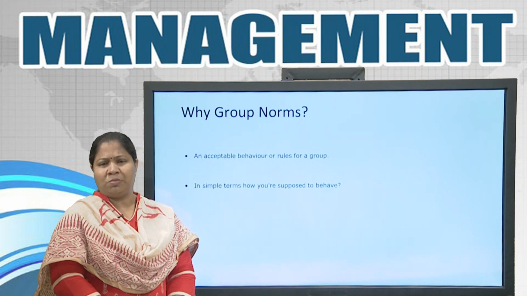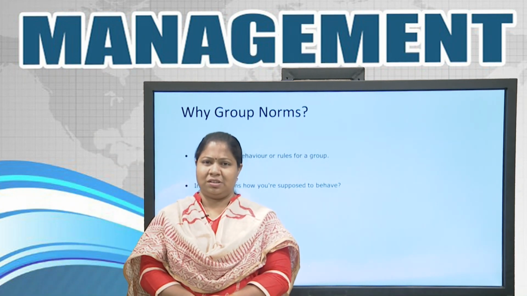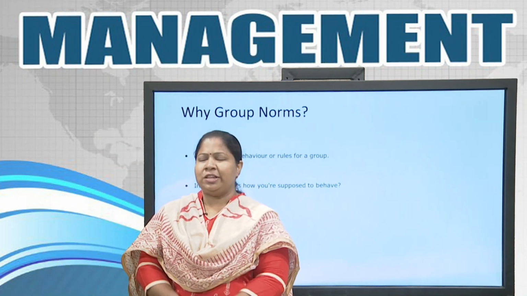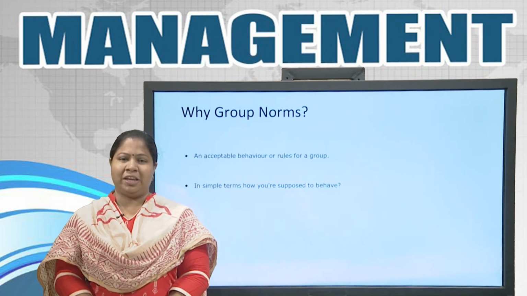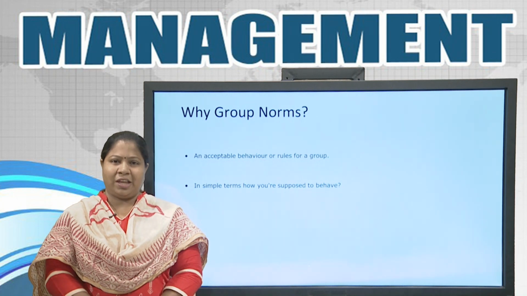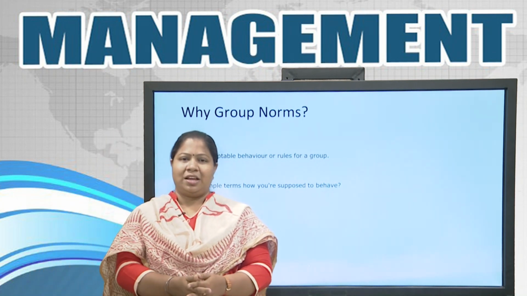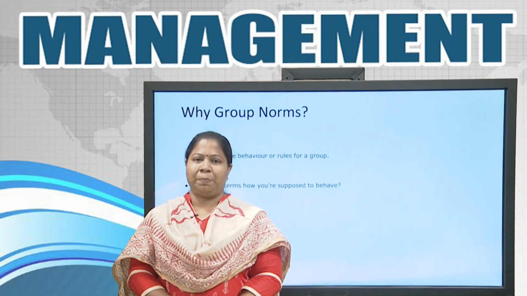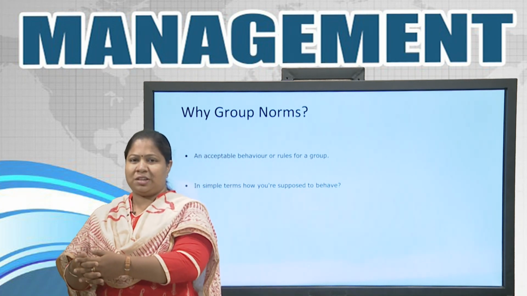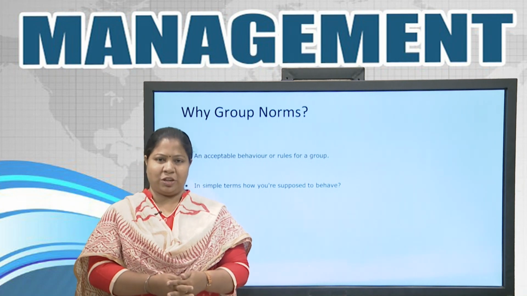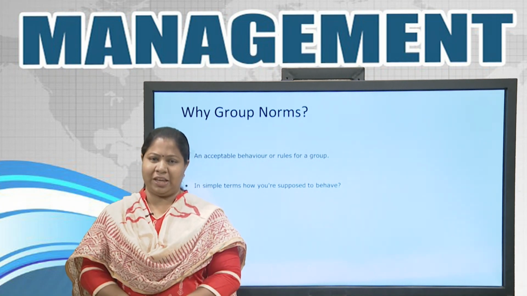Why group norms? Why is it important? Let's take an example. We sit together in our family and we are discussing the 25th December party. You must have observed your aunties want something else, your cousins want something else, you want something else.